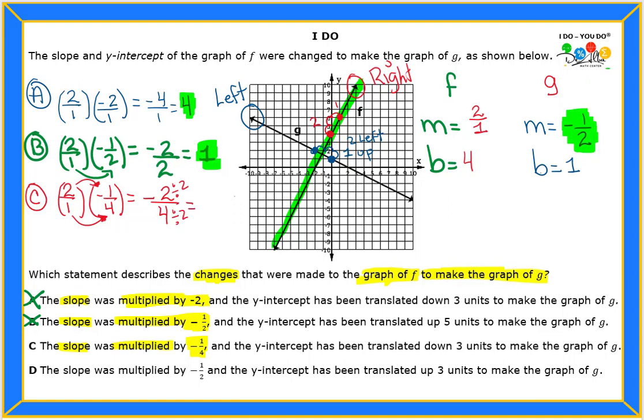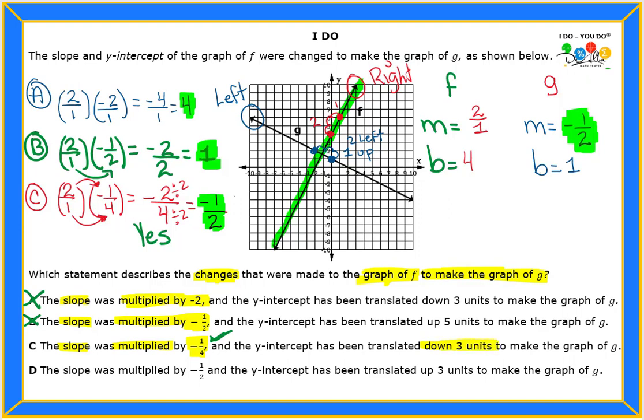And negative 2 divided by 2 is a negative 1. And 4 divided by 2, it's a positive 2. I want you to take a look at that number now and tell me if it's the one that you see as the new slope. And the answer is yes, that is correct. Okay, so the first part of it, it's right. Let's check the second part. And it says, and the y-intercept has been translated down 3 units, right?